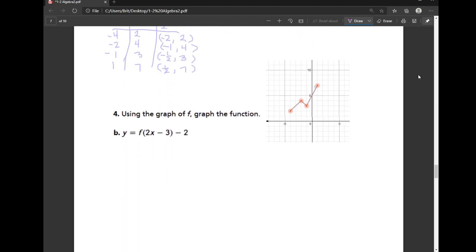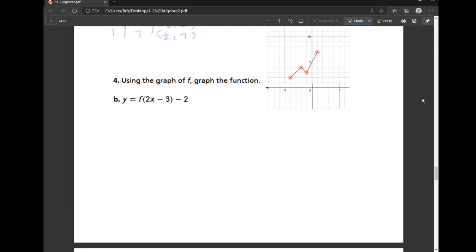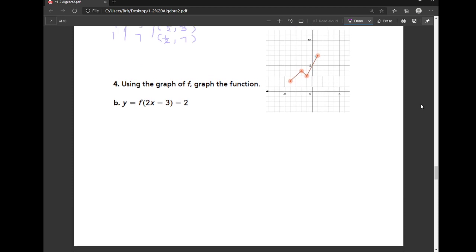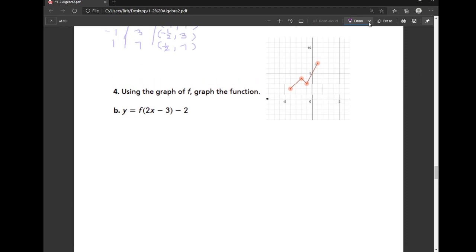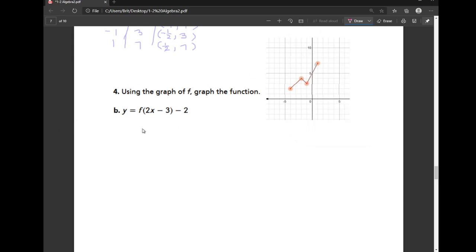Alrighty, so now let's take a look at number 4. 4b starts to get a little spicy because now we have 3 transformations happening at a time. So we have this 2 here. That's going to be a horizontal compression.